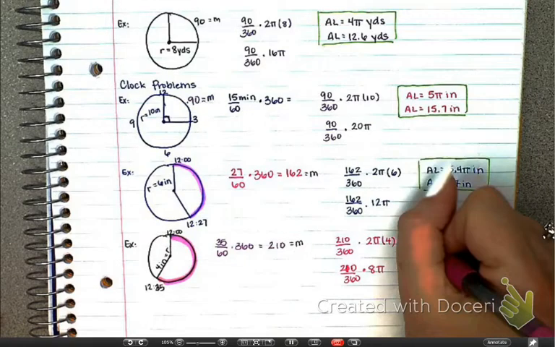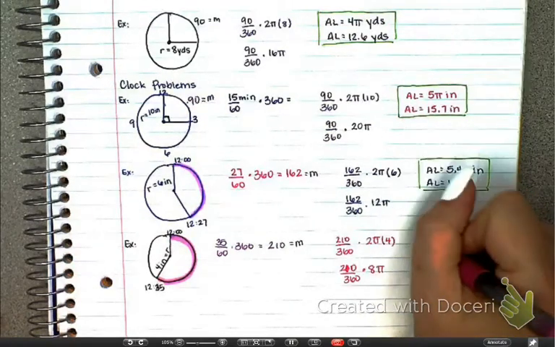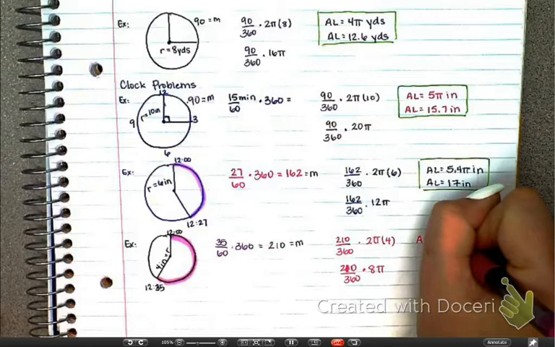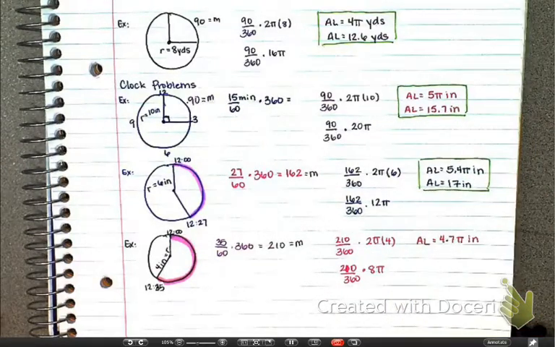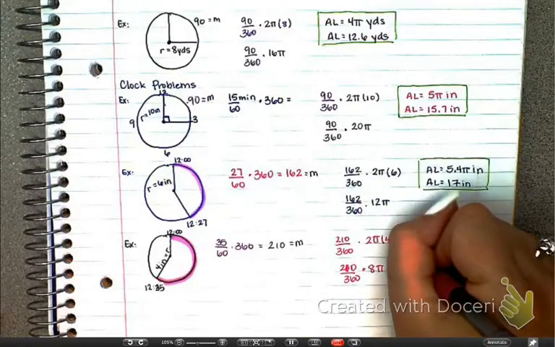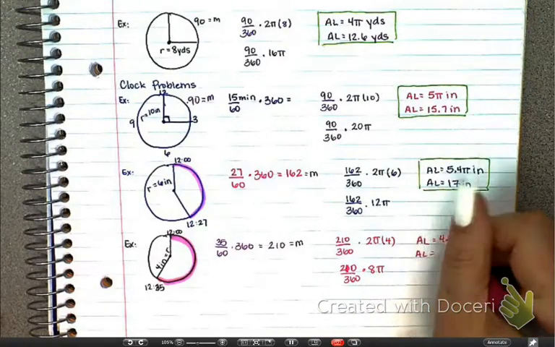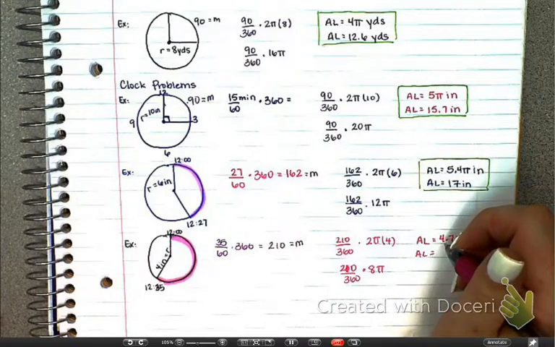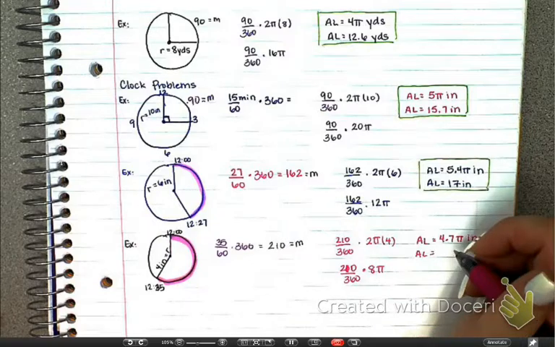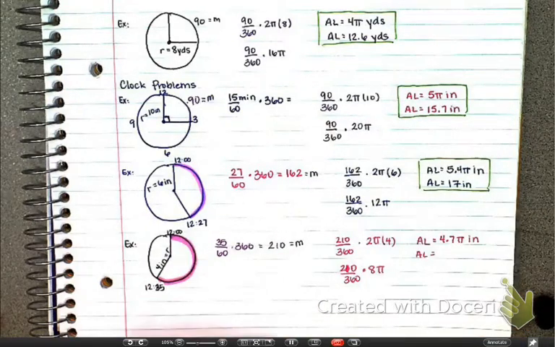And what did you get as your exact answer? 4.7 pi inches. And what did you get as your rounded answer? 14.8. Okay, so here's where our rounding comes in differently.